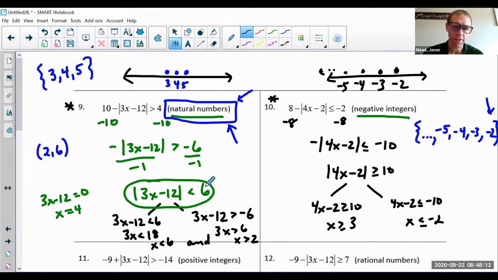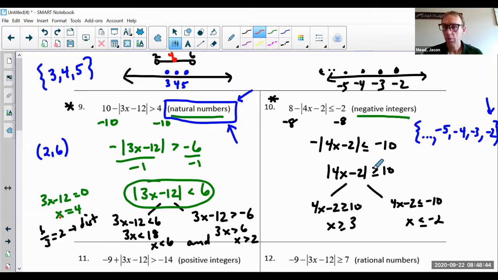Then, if I take 6 divided by 3, that gives me 2, which is the distance or the radius. Remember when I initially graphed this problem before I realized there were domain restrictions? It was from 2 to 6. So I have the center of 4 and then a distance from the center, or radius, of length 2.